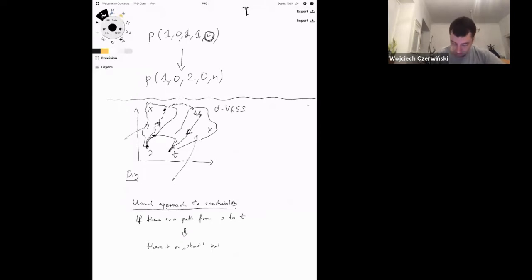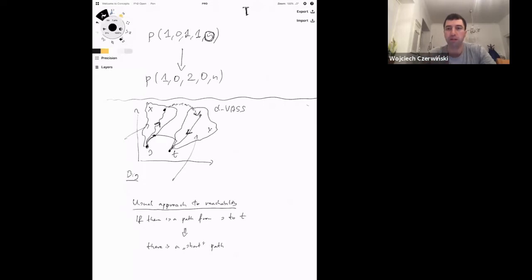This is how in many cases reachability is solved. Many cases, I mean, for example, for two-dimensional VASS, or also in the general case, or in some subclasses, or in the case of the coverability problem, about which I will tell you later. So this is why I give you this example of VASS.